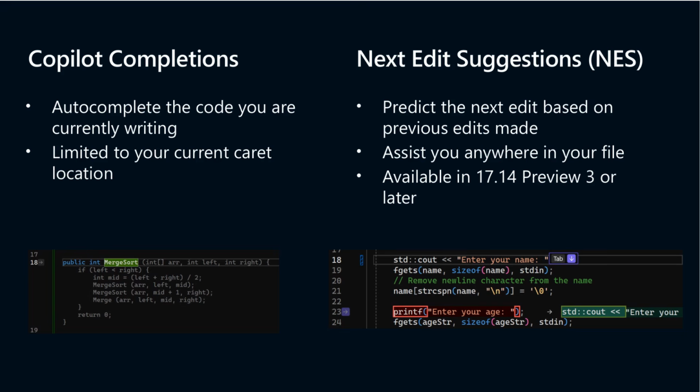That's why we introduced Next Edit Suggestions, or NES, which goes beyond cursor-focused completions. NES observes your recent edits and uses that history to predict your next likely changes anywhere in the file. It suggests insertions, deletions, or mixed edits where you might need them, helping you refine or reshape code beyond simple auto-completion. This capability significantly streamlines real-world editing and refactoring workflows.